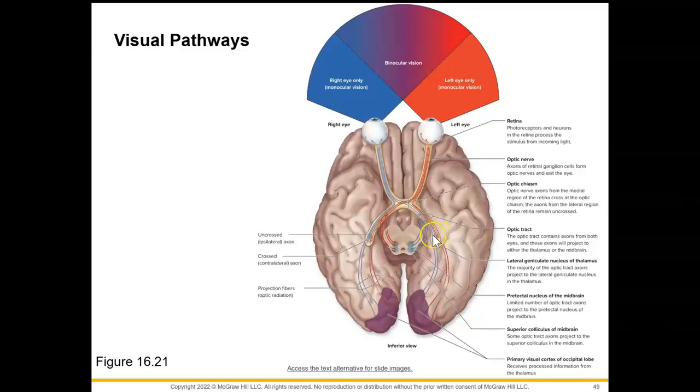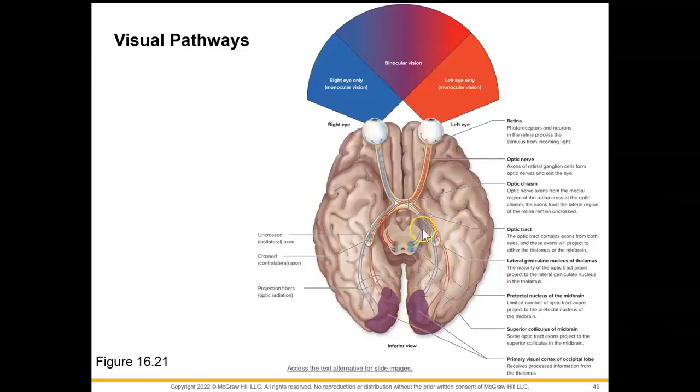This is your lateral geniculate nucleus. This is important to know for your exam. The lateral geniculate nucleus is going to take the information from these axons, and we synapse onto other neurons that are then going to travel through what we call projection fibers, or sometimes radiation fibers, over to the occipital lobe.